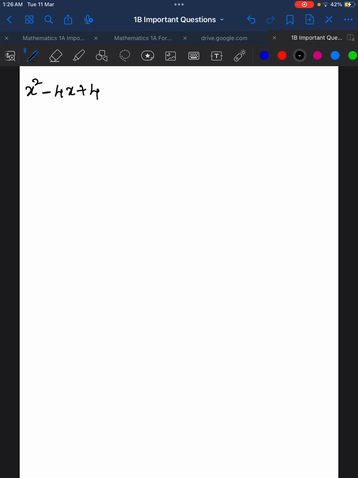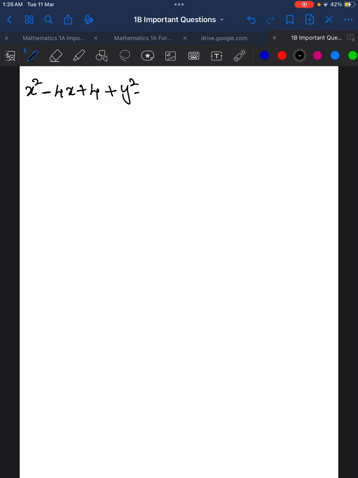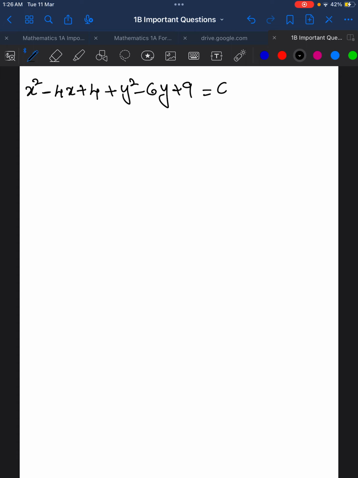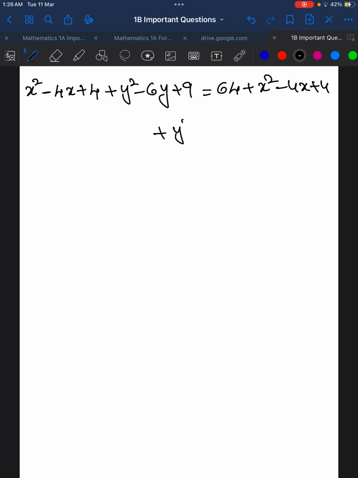Already I have told you number of times what I am applying, so easily you can solve it. y square minus 6y plus 9. Now that is equal to 64 plus x square minus 4x plus 4, because that is x minus 2 whole square. Next y plus 3 whole square, that is y square plus 6y plus 9.